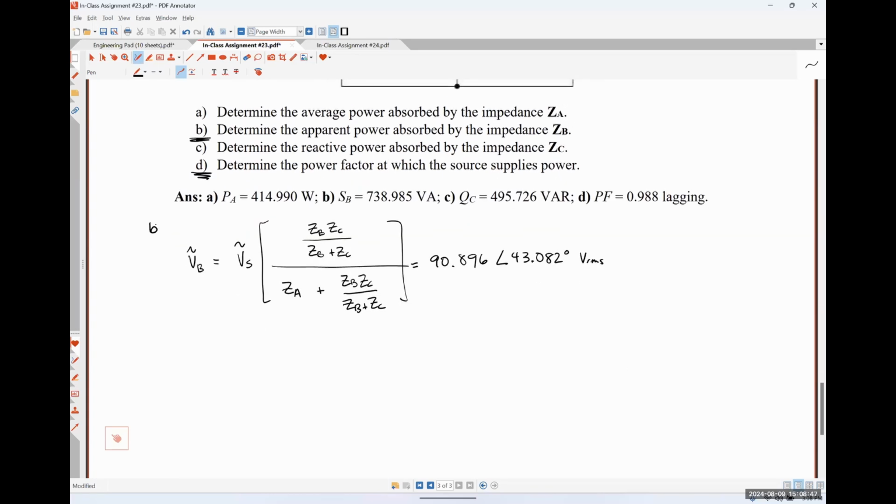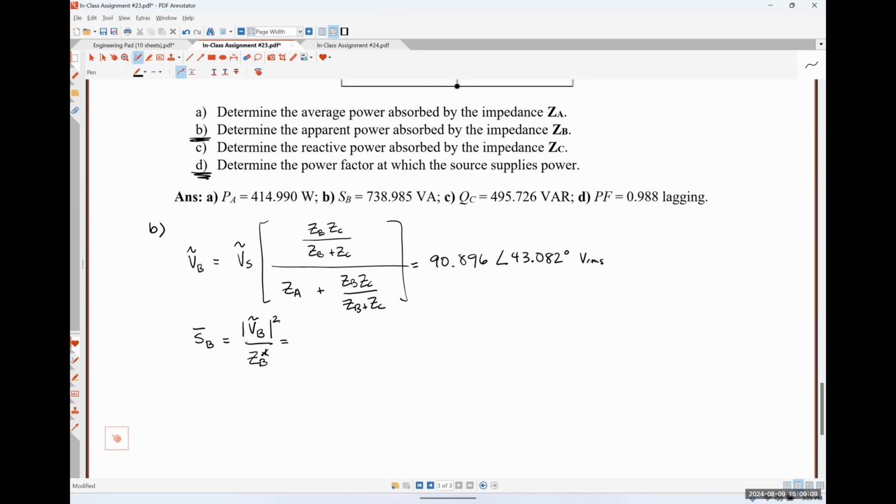So using that piece of information, I could solve for the complex power absorbed by impedance ZB by simply taking the magnitude of VB, oh, sorry, the magnitude of VB squared, and dividing it by ZB conjugate.